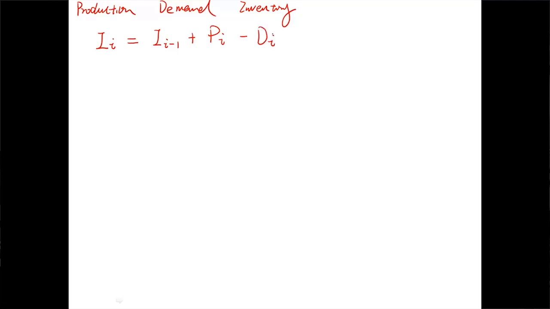Here we are saying this inventory is the end inventory, the inventory at the end of month i, I_i.